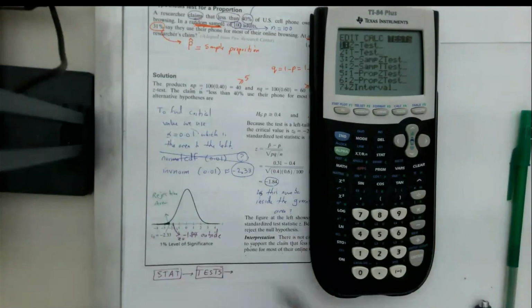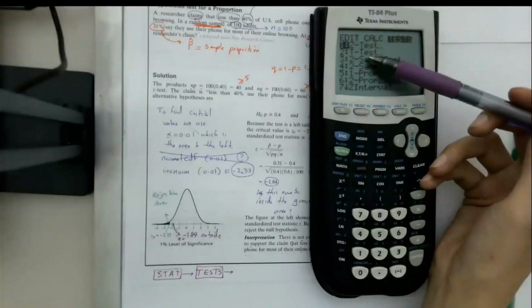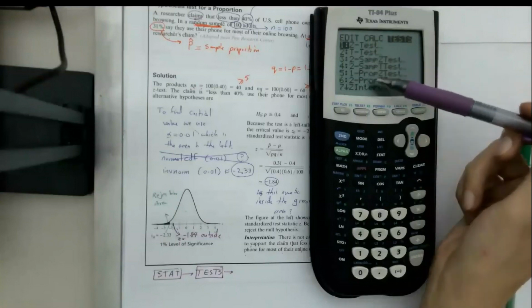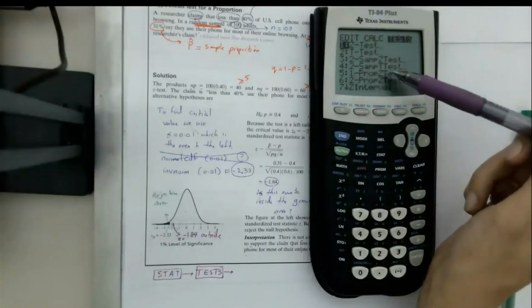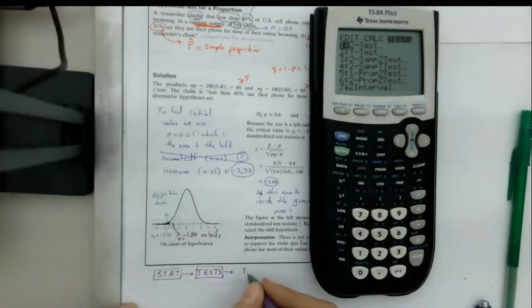Now here, it's not a z-test and it's not a t-test. We don't have two samples, but it is a one proportion z-test. Let us select this one.